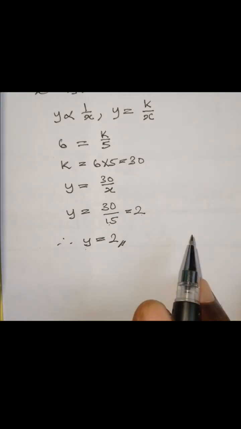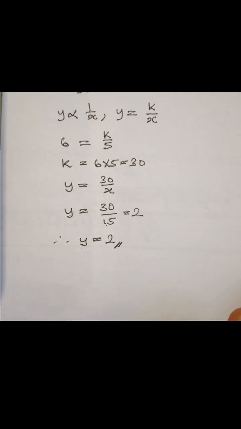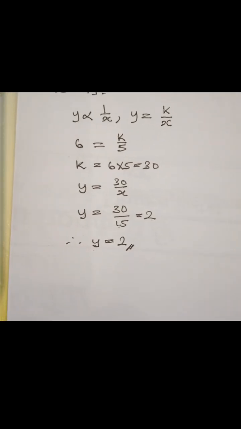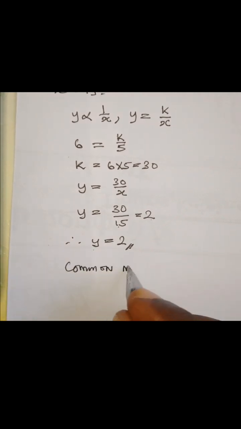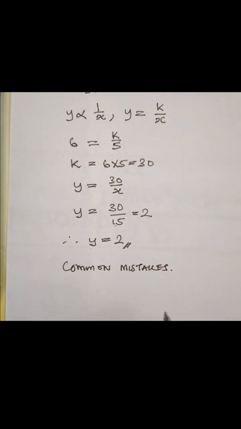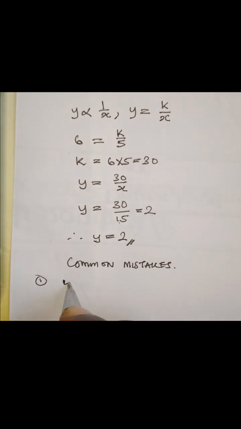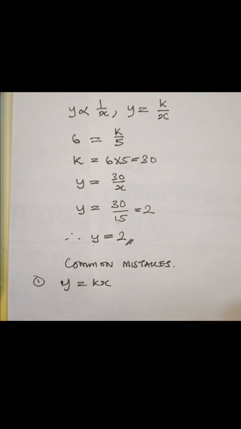Now we want to look at common mistakes that most students make when solving problems on direct and indirect variation. One is that students wrongly use y equals kx as indirect variation instead of y equals k over x.